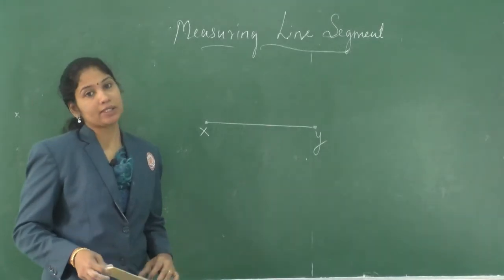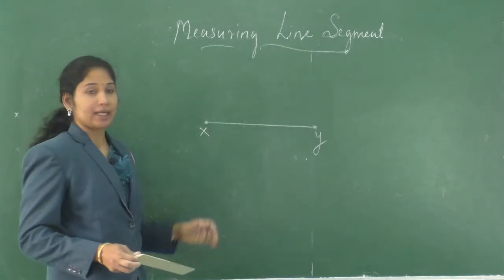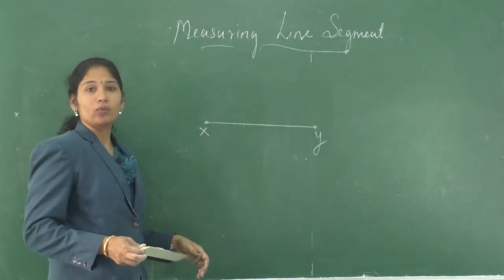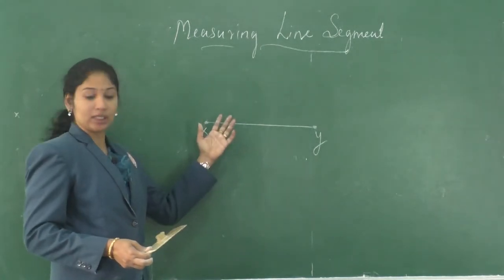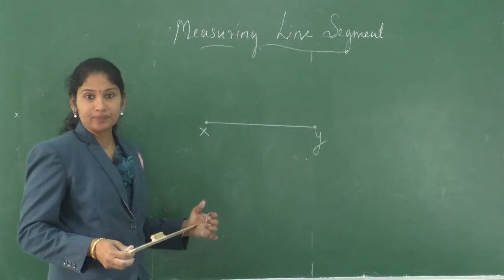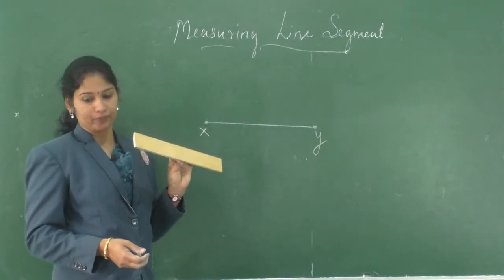Children, our next topic is how to measure a line segment. Here is the line segment XY. Can you tell me how to measure the length of the line segment? We can measure using a ruler.